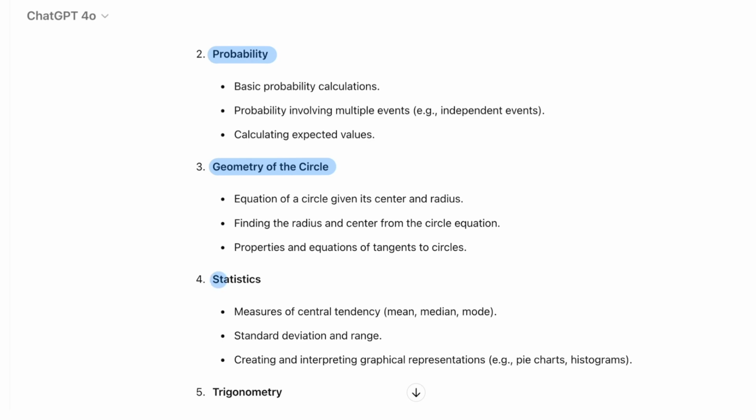In question 4, statistics will take centre stage. You'll be tested on statistical measures such as the mean, median, mode, standard deviation, and range. You'll also need to create and interpret graphical representations of data.